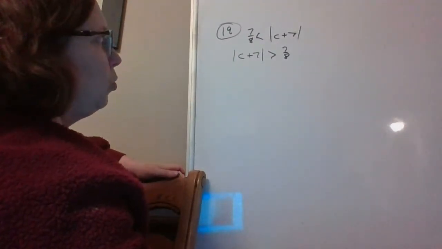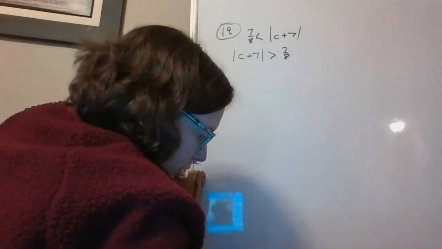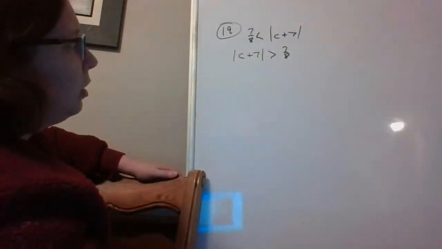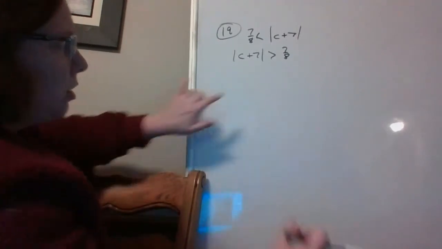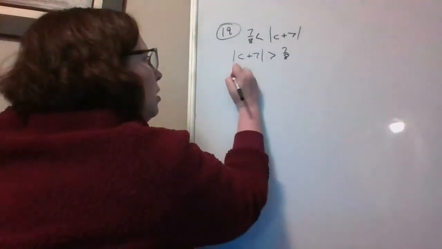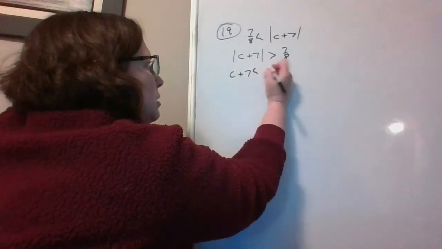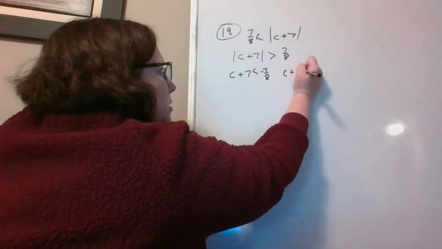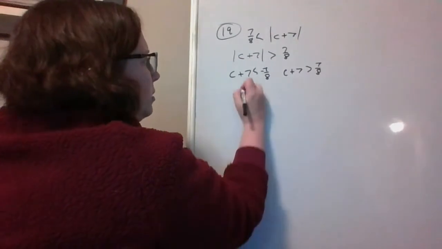We can go ahead and split this inequality because our absolute value is alone. So we're going to say C plus 7 is less than negative 7/8 and C plus 7 is greater than positive 7/8.